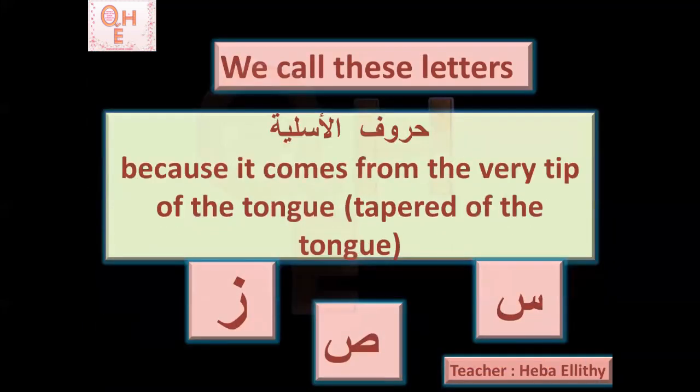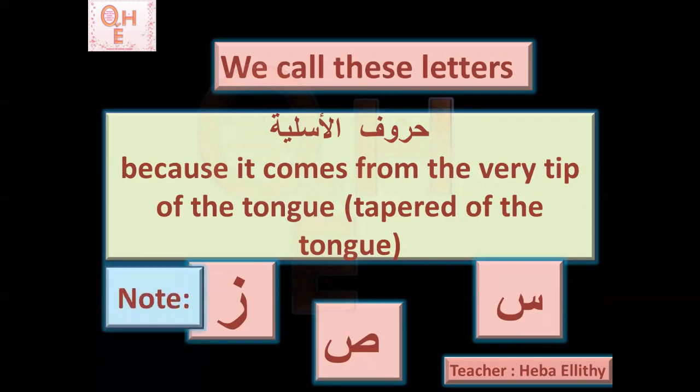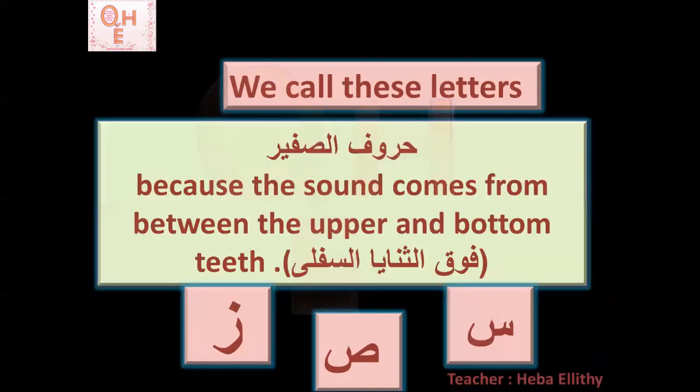We call this sound صفير, and this is one of the characteristics of letter Sin. صفير means whistle. Okay? That's why scholars call the group of Sin, Saad, and Zaa by 2 names.